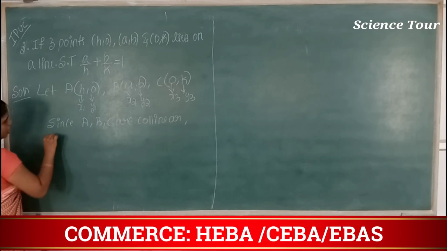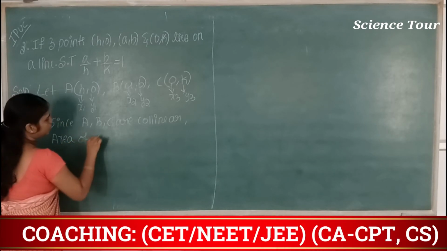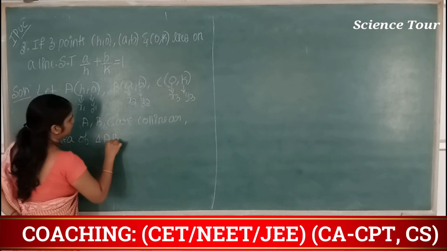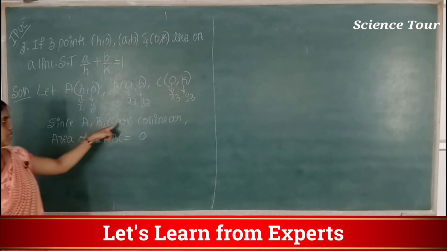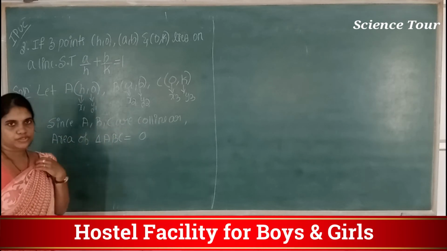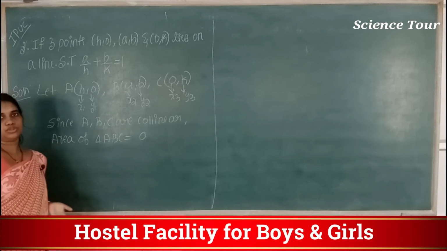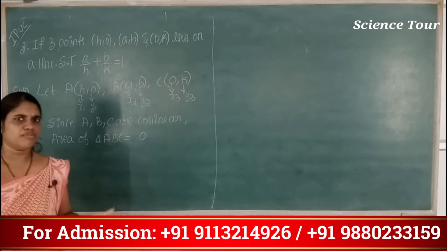Area of triangle ABC equal to 0. If these 3 points are collinear, then we can say that the area of triangle ABC equals 0. So what is the formula we'll use to find the area of a triangle?